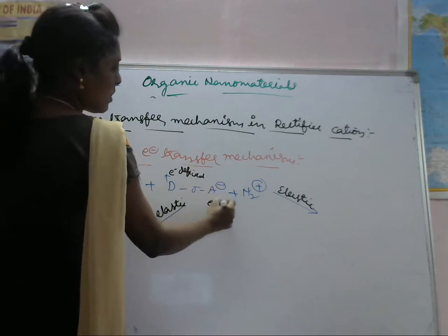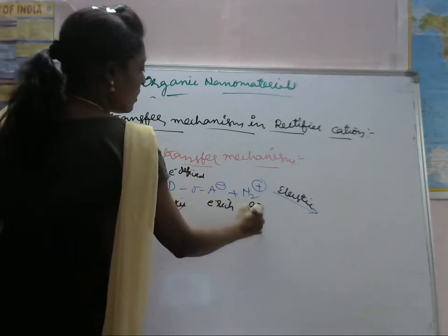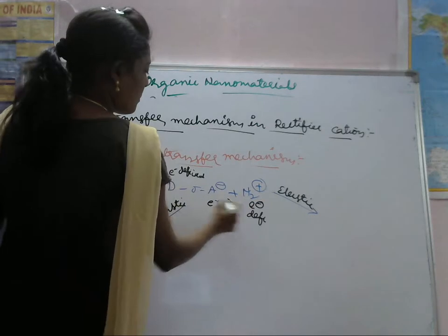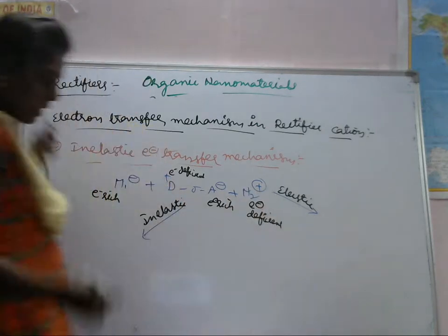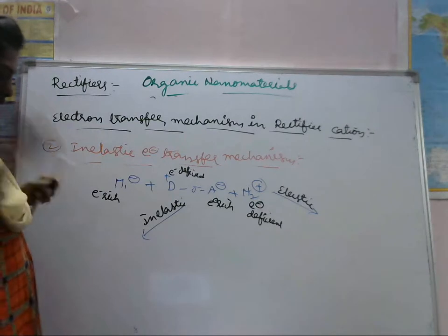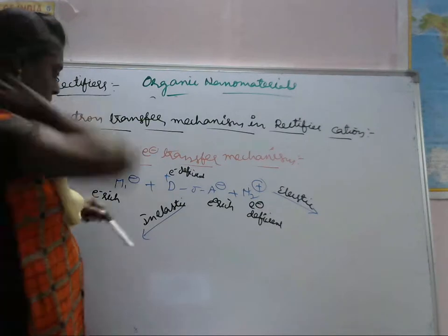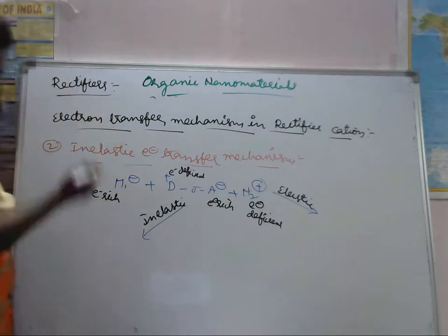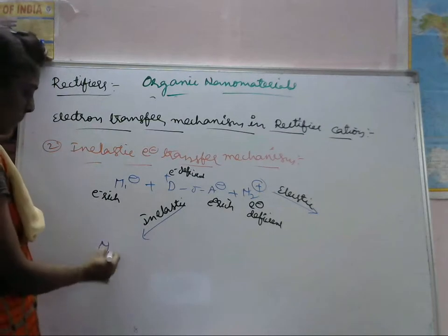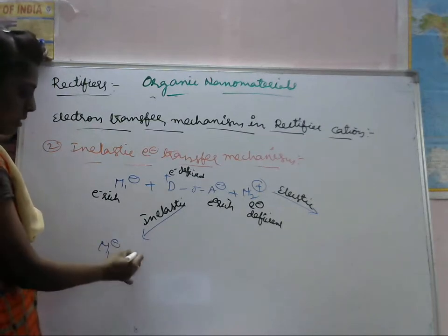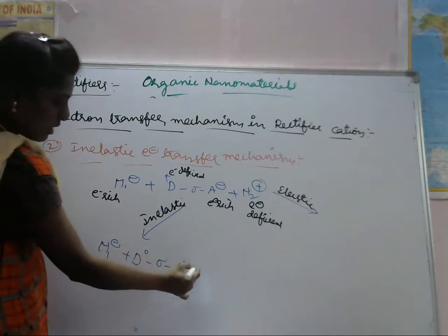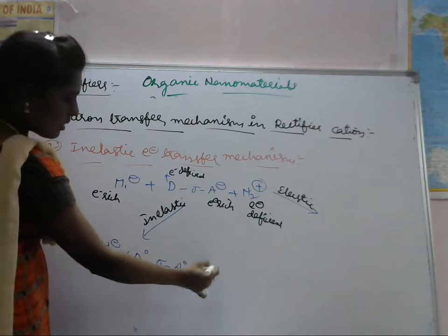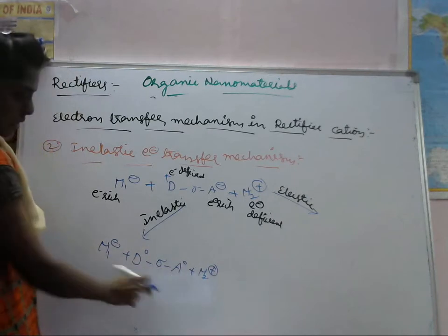If it is electron deficient, it will be like this: M1 minus plus D sigma A, M2 plus. So this is the inelastic one.